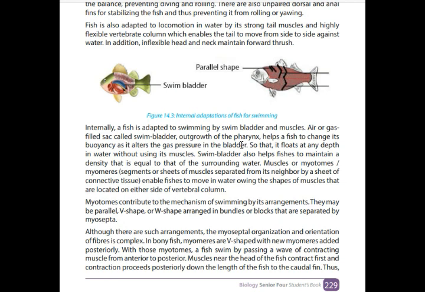The myotomes contribute to the mechanism of swimming by their arrangement.